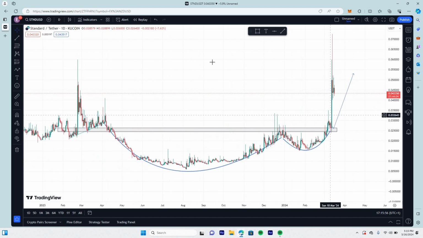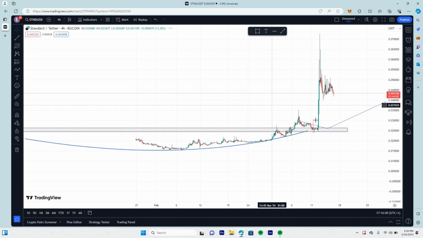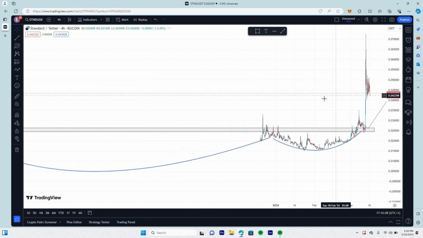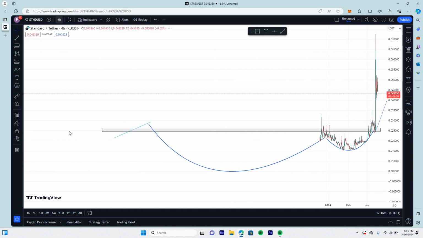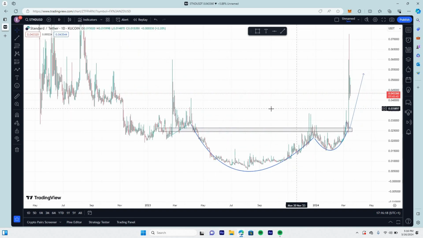Even though definitely this is an imbalance if we look at it from a lower time frame, and currently we are getting some corrections in price. So let's go back to our 1 day chart and try to figure out possible resistance and support zones from around where price is.